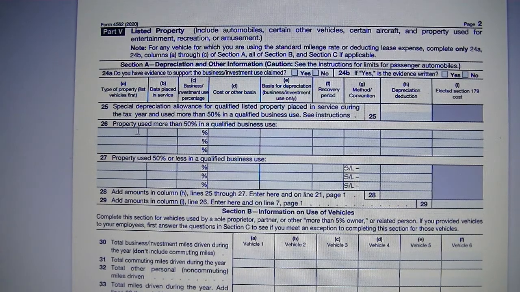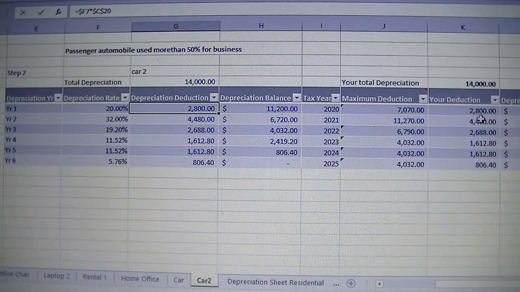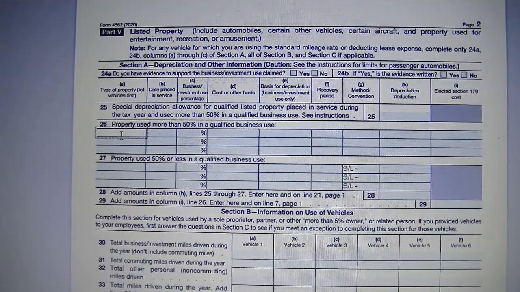You enter the car description, the date you placed it in service, which was February, I believe, and the business and investment use was 70%. The cost or basis was, I believe, 20,000, and the basis for depreciation, business and investment use only, was 14,000, and the recovery period was 5. And the convention method was half year, and the depreciation deduction was 2,800. So that's how you will put the information. We can just put whatever the car is.